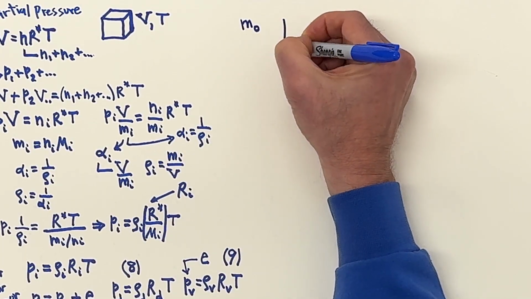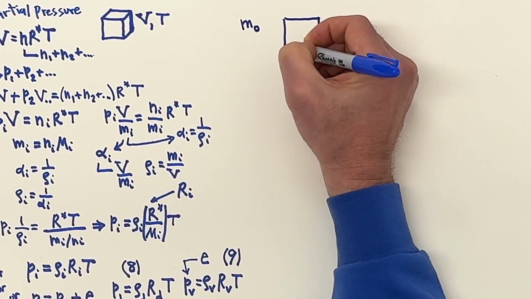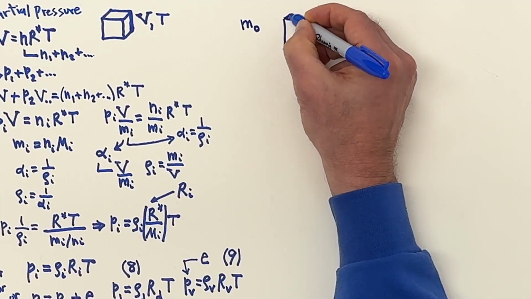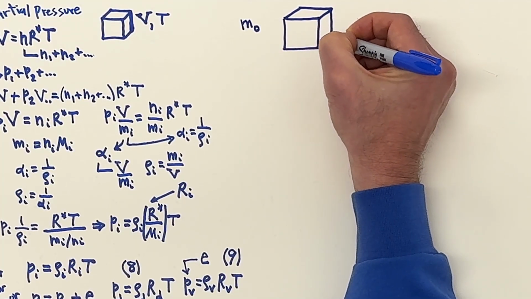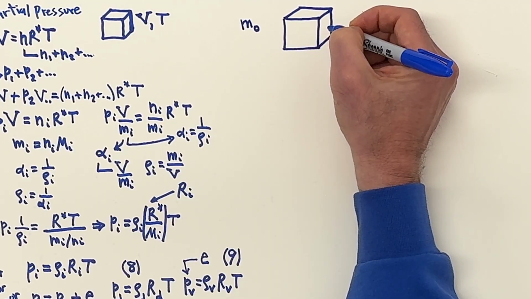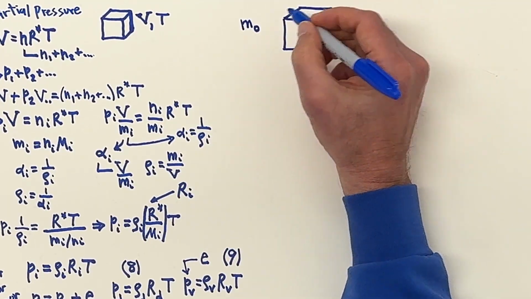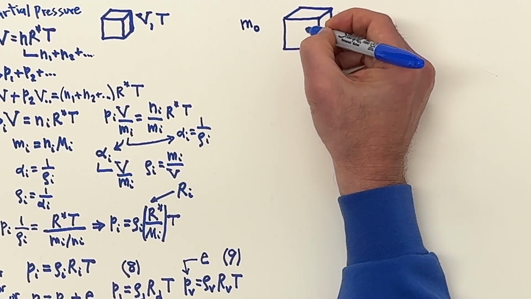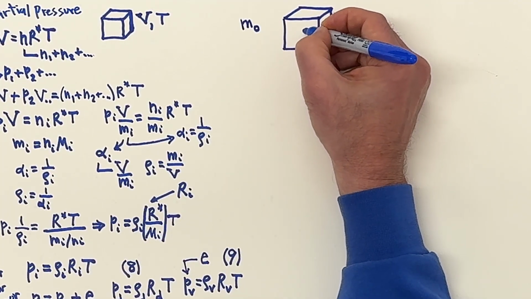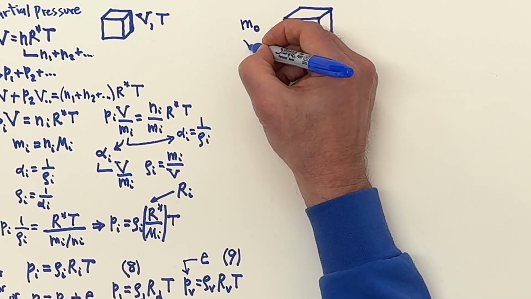So here, if we go back to our little box, let's say we have a gas, and all the gas particles are the same, and they have mass m naught, and they're all moving, say, with velocity v.